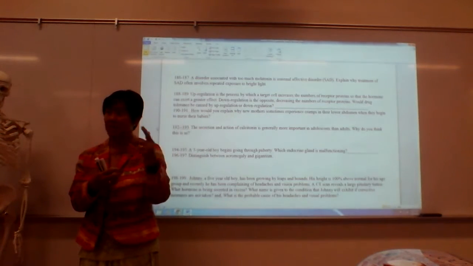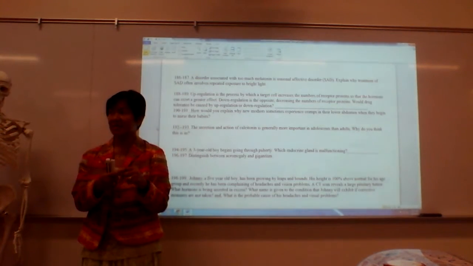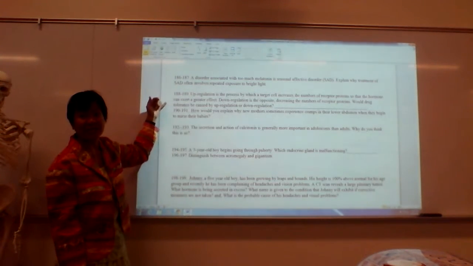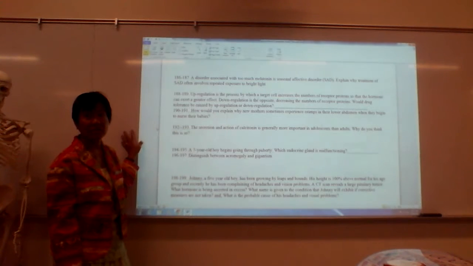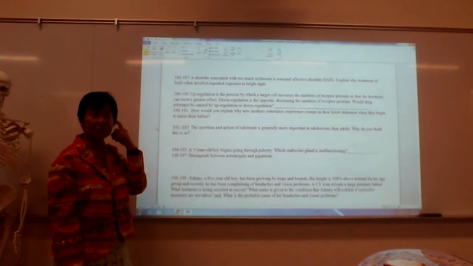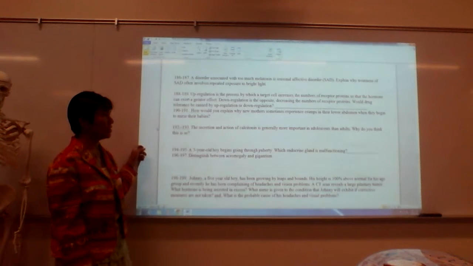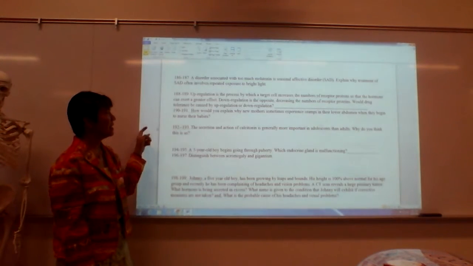That's what tolerance means. That would be downregulation, and this is upregulation. If all your receptors are full and you get drunk, that would be downregulation, because you don't have enough. Okay? Next.